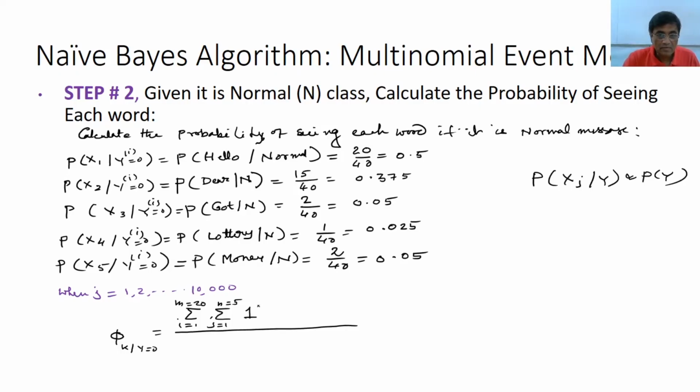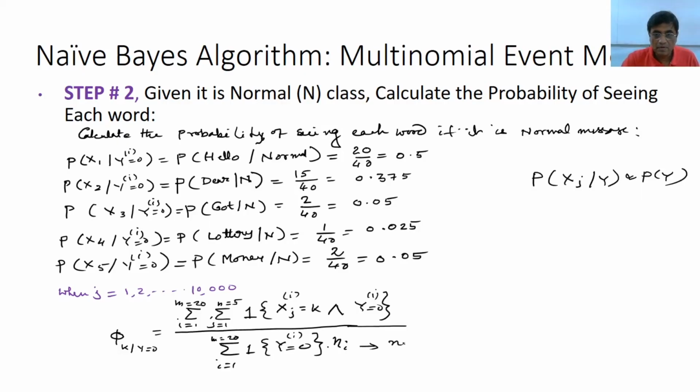Then this is the indicator function of x_j and y_i equal to 0, times n_i, where n_i is the number of words in the ith mail or sample. Is it clear?